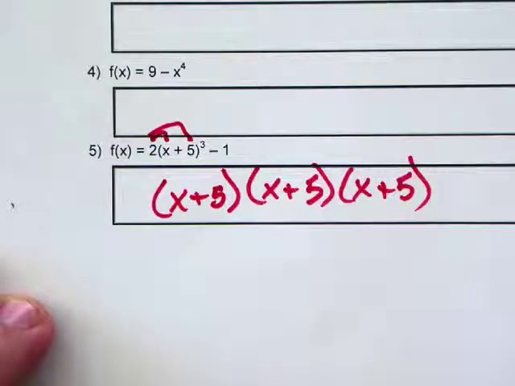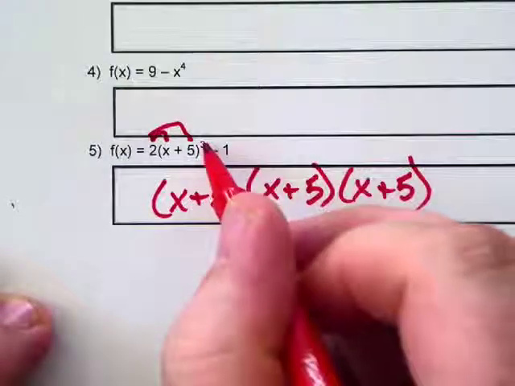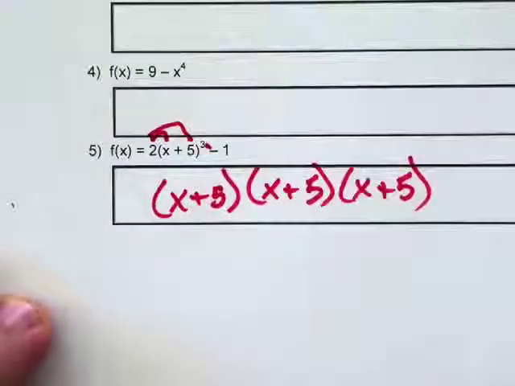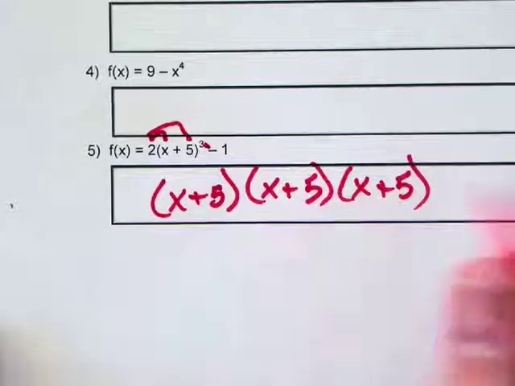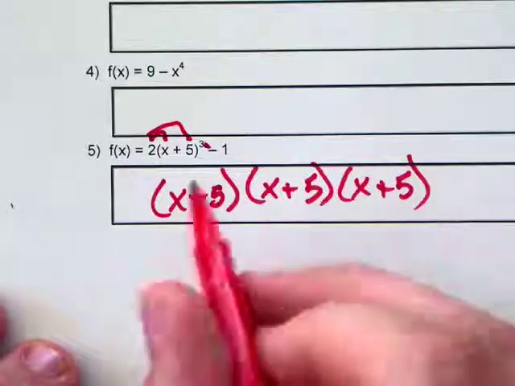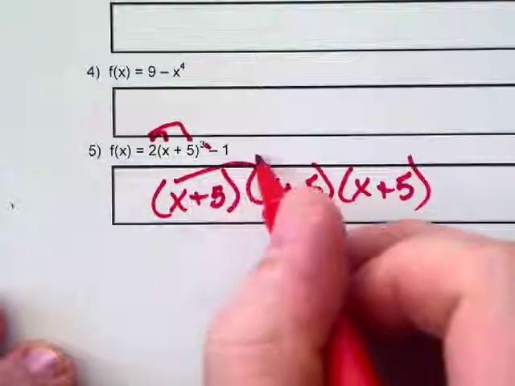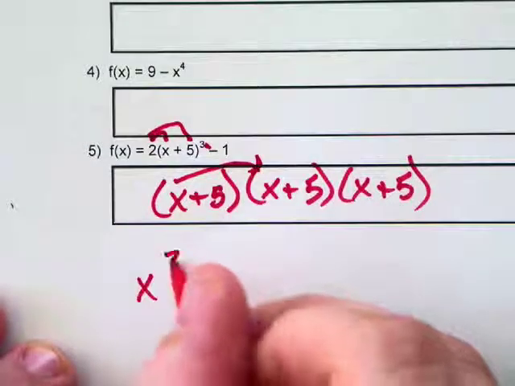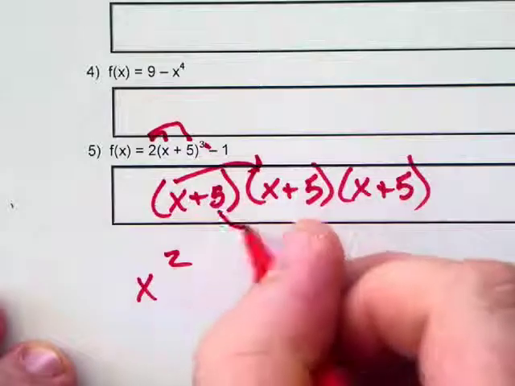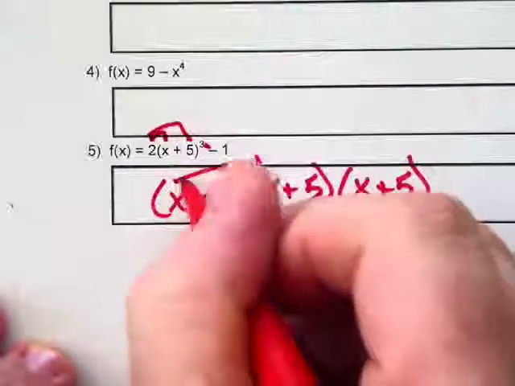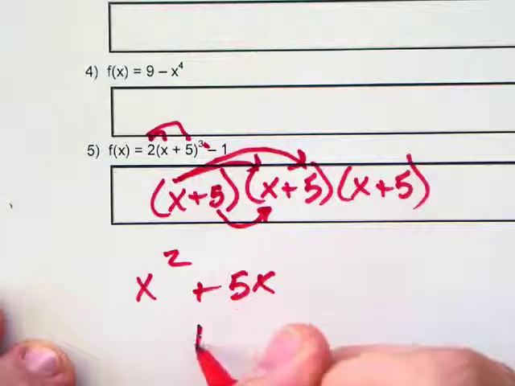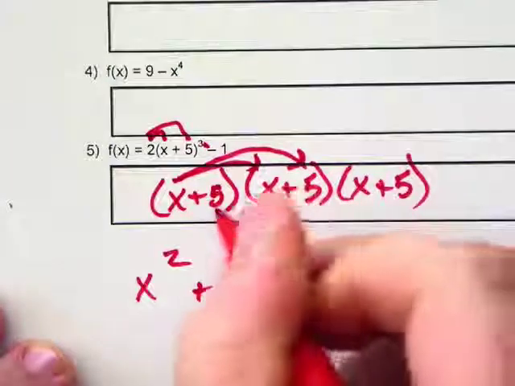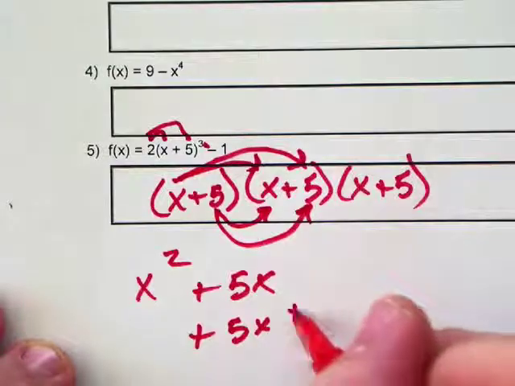Remember your order of operations. The exponent has to come first before the multiplication. Please excuse my dear Aunt Sally. I don't know if you remember that. Now let's look at x times 5. We get x squared, plus 5x plus 5x plus 25.